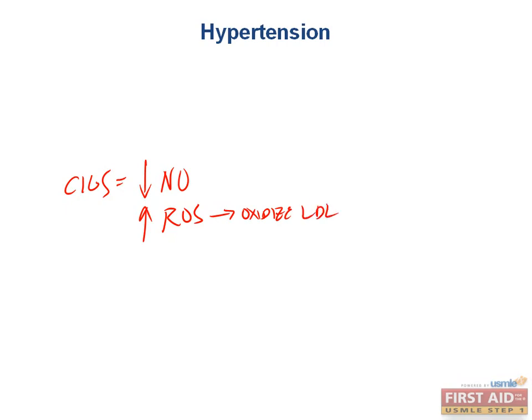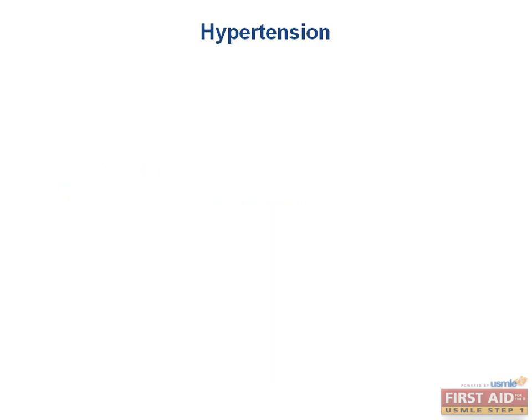And we all know that oxidized LDL is like a dinner bell for macrophages to come over. They bind the surface of macrophages, and the macrophage is activated. Macrophages then start releasing a ton of cytokines. We will further discuss this in the atherosclerosis section. Just be aware that cigarette smoke can be associated with hypertension.